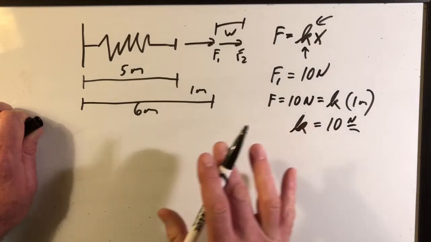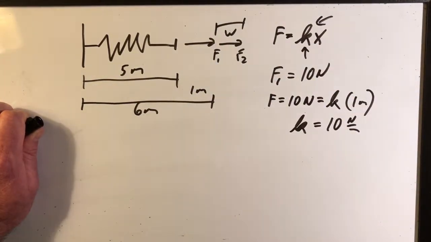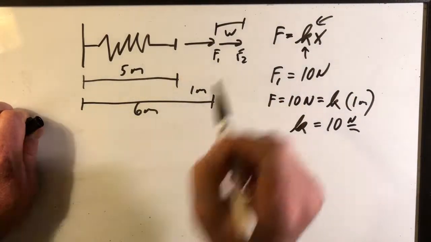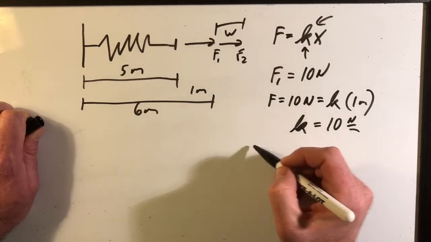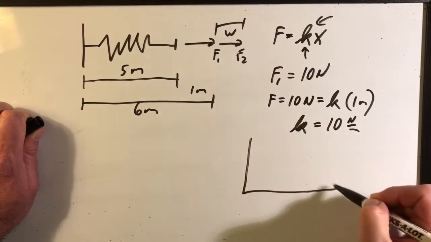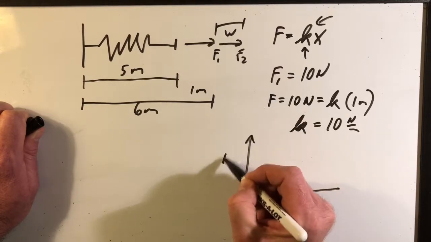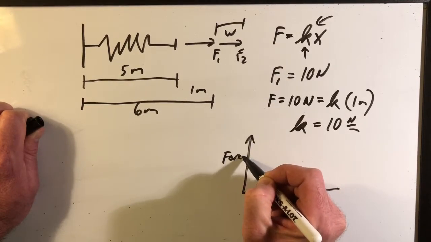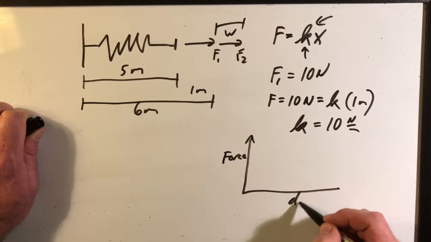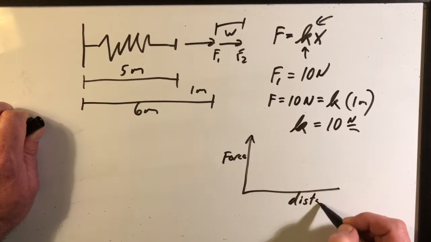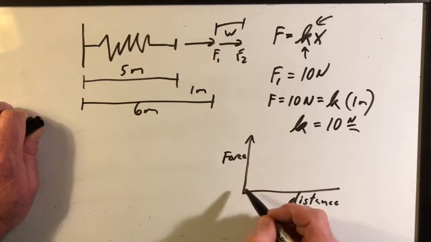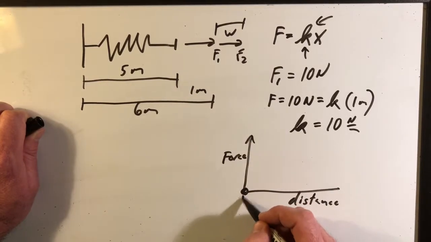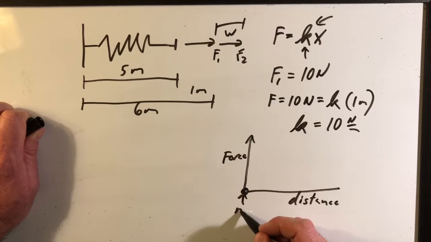So then I'll have to apply that to the next location. Basically, in calculating work, you have force along the y-axis, and then distance along the x-axis. And you should always put the origin at your natural length.